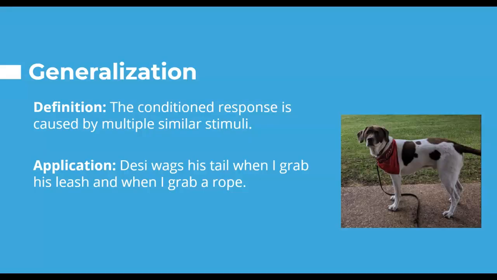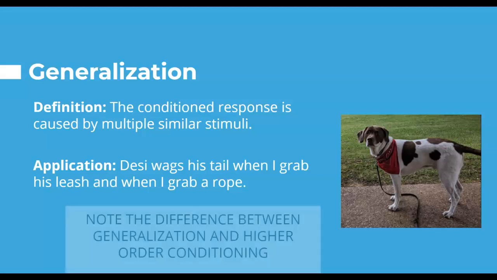All right, generalization. Okay, generalization is the conditioned response is caused by multiple similar stimuli. So if I apply this, I could say Desi wags his tail when I grab his leash and when I grab a rope, right? A rope and a leash look kind of similar, so Desi can't tell the difference. He's generalizing.